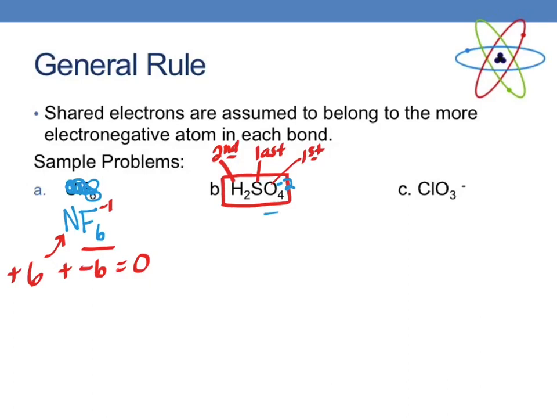And we have 4 oxygens for a total of -8. Hydrogen is always a +1, and we have 2 of them for a total of 2. So when I add these together, it has to equal 0. So what does S have to be? +6.